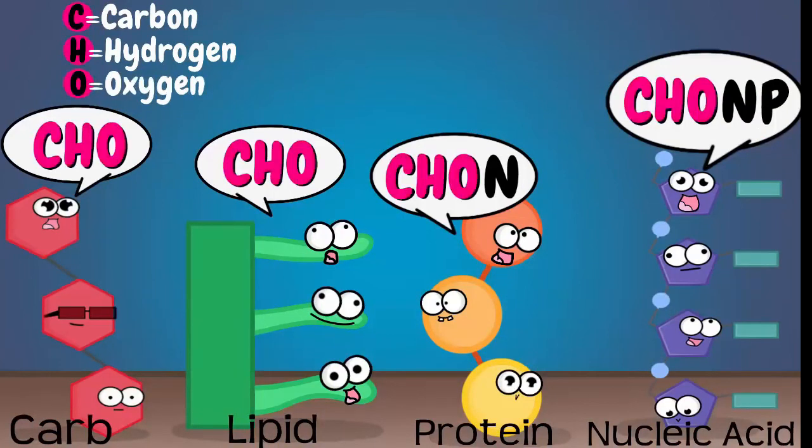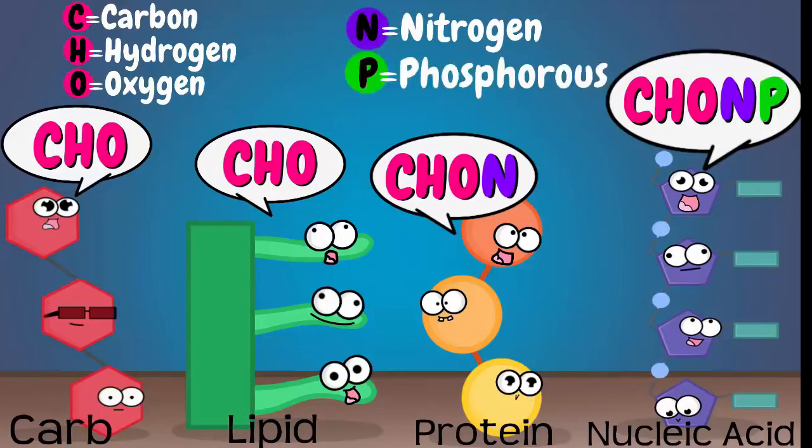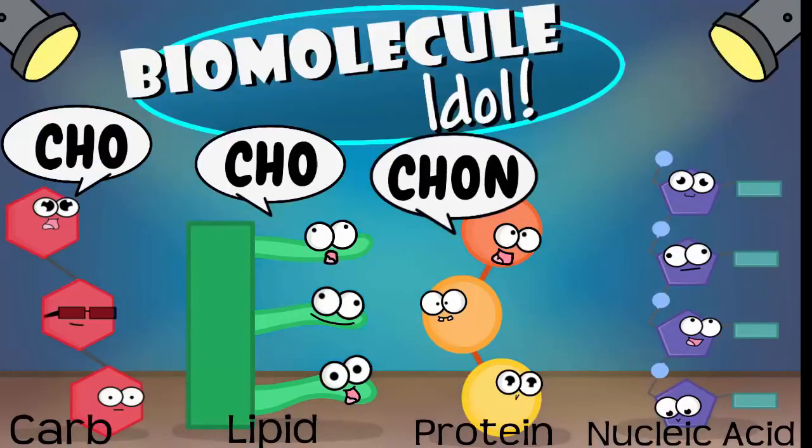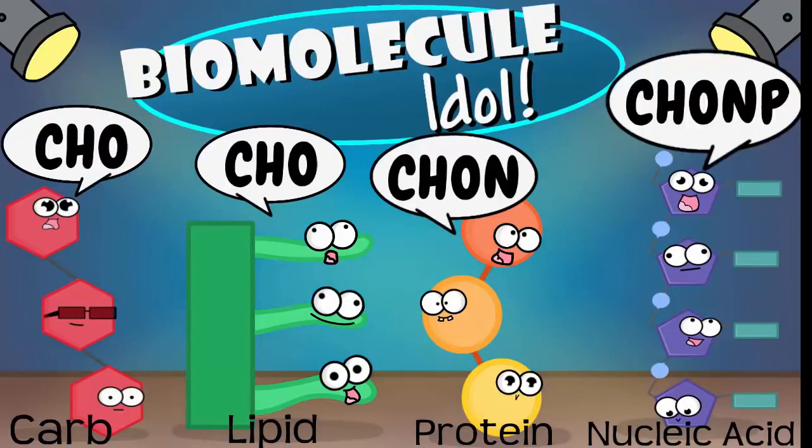So carbs, lipids, proteins, and nucleic acids all have that CHO in there. It's just that proteins and nucleic acids also have an N, which is nitrogen. And nucleic acids additionally have a P, which is for phosphorus. So again, CHO, CHO, CHON, CHONP, the major elements in the 4 biomolecules.